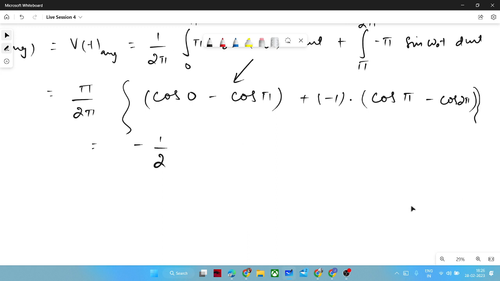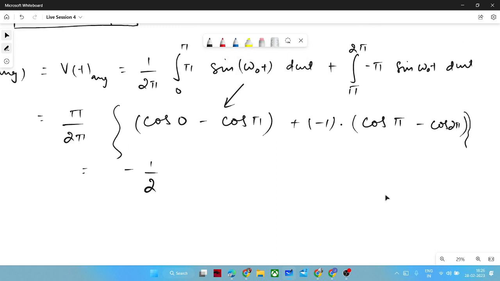Sir, the positive side from 0 to pi should be pi by 2, no? The first term is pi sine omega t, because at that time the diode which is parallel to the load is reverse biased.